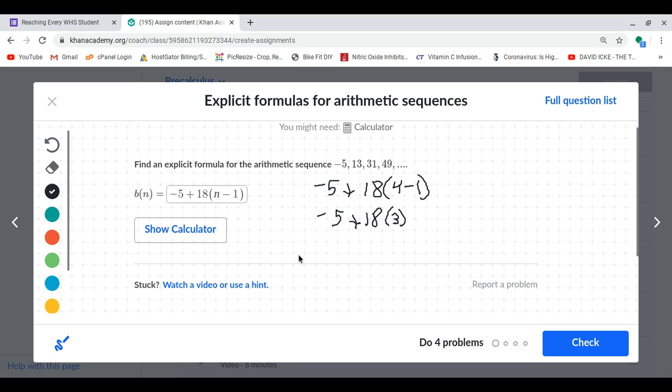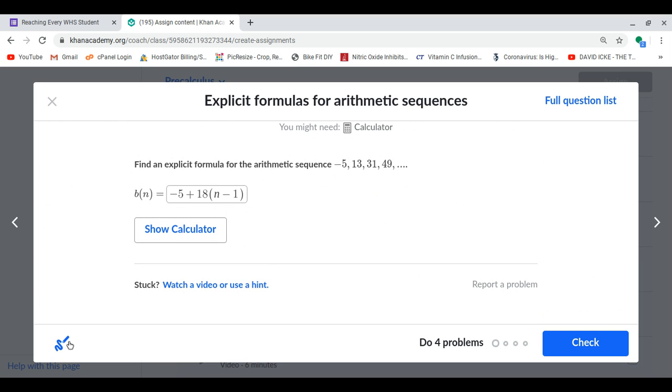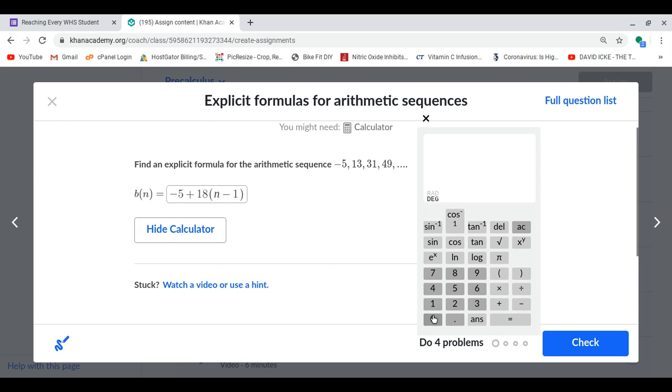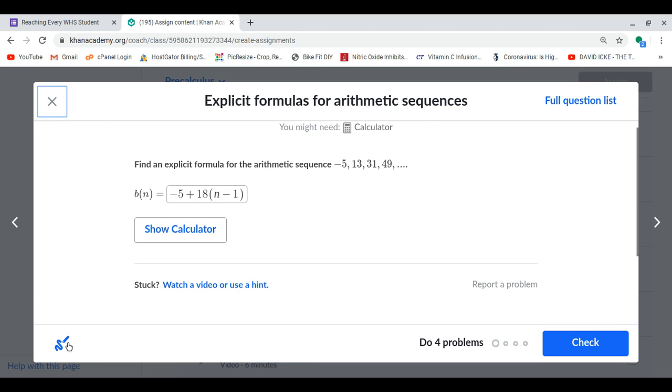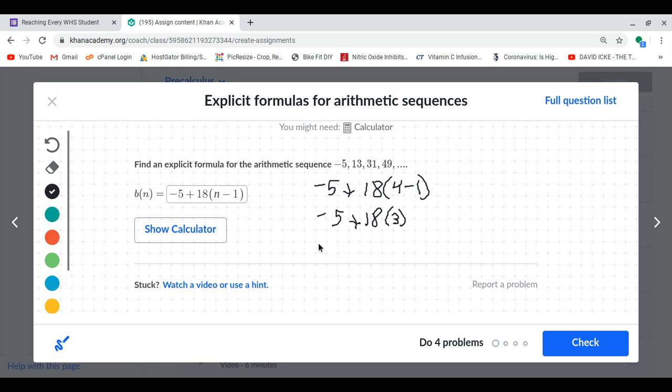Okay, so if you don't know what 18 times 3 is, I'm just going to close the writing for a minute and then take out the calculator. Do 18 times 3. Okay, that's going to equal 54. So maybe write that down on the spot. Bring our problem back out. So we have -5 plus 54.